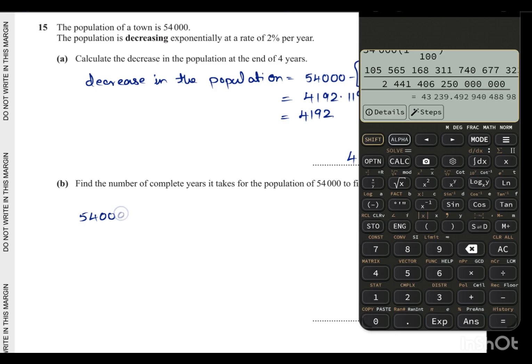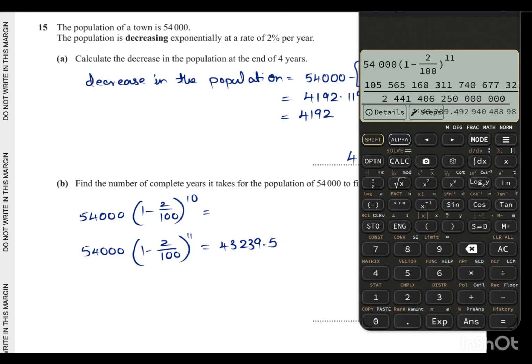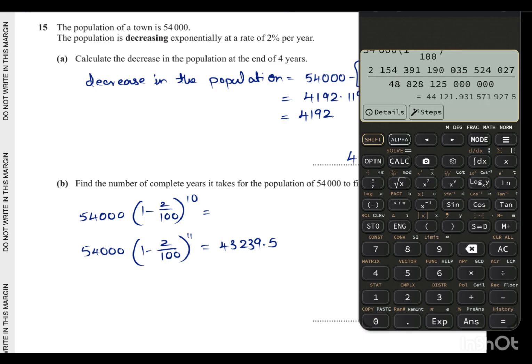54,000 into 1 minus 2 by 100, whole raised to 10, is how much? And 54,000, 1 minus 2 by 100 whole raised to 11 is how much? So for 11 it is 43,239.5, and for the previous one, 10, it is 44,121.9.